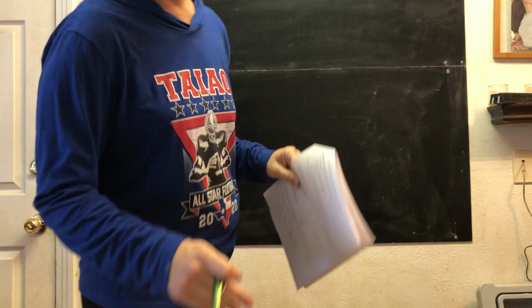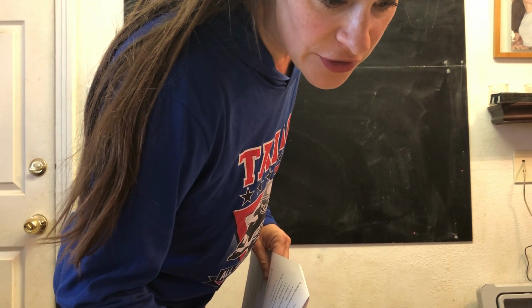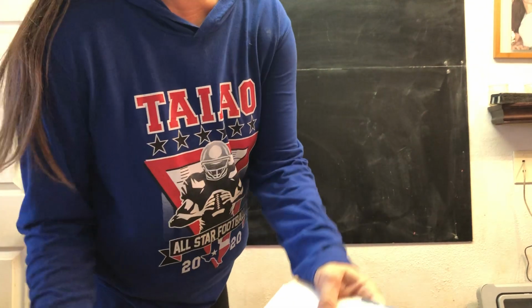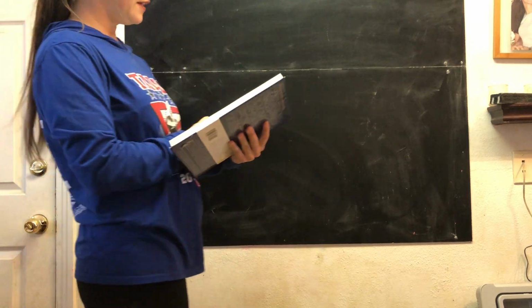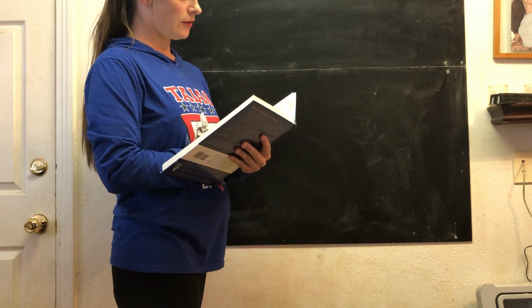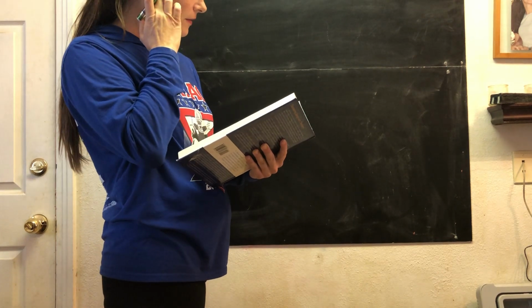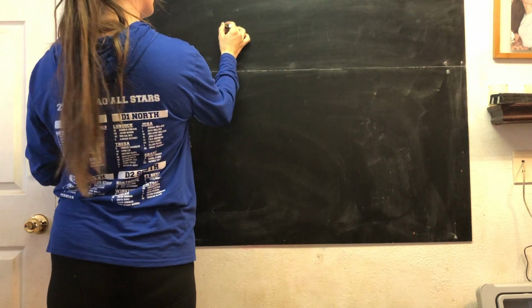Okay, then we have balancing equations, which is always fun. So you might have questions like this. Solid zinc reacts with liquid hydrogen monochloride to make solid zinc 2 chloride and gaseous hydrogen. In words, now you need to put it into chemistry. So it says solid zinc.